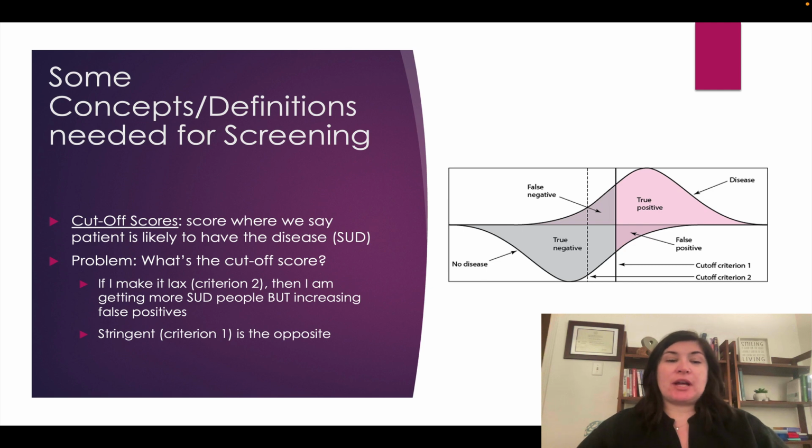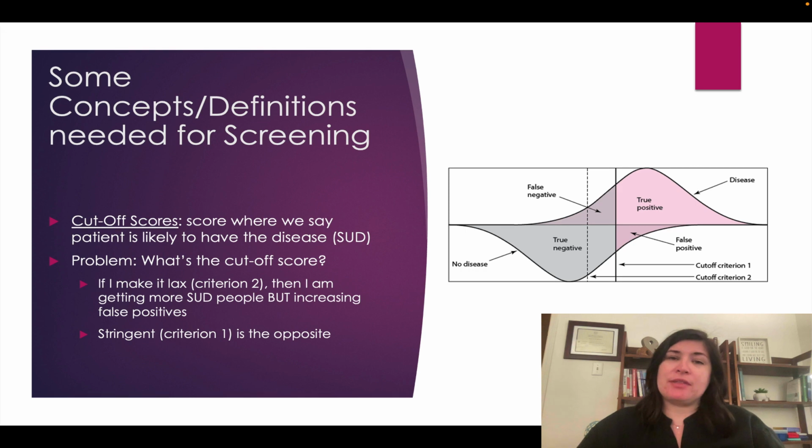The problem with cutoff scores is where to put them. If you take a look at the graph, you can see that there are two lines, criterion 1 cutoff and criterion 2 cutoff. If we decide to go with criterion 2 cutoff, which is the dotted line, what we're risking is that we may get more people who do have a substance use disorder, but we're also increasing the possibility of false positives where they're coming up on the substance use test saying they might have a substance use disorder, but they actually don't.